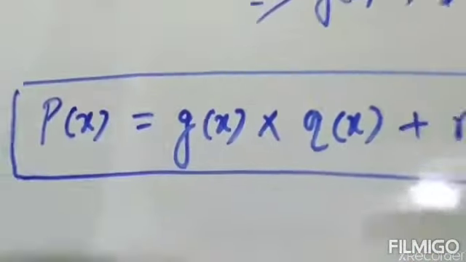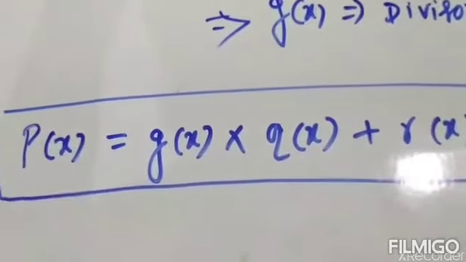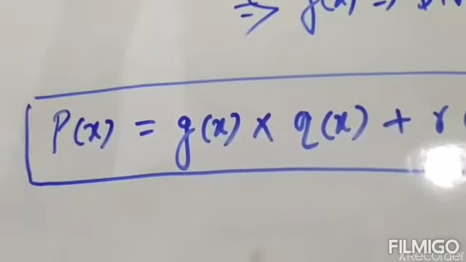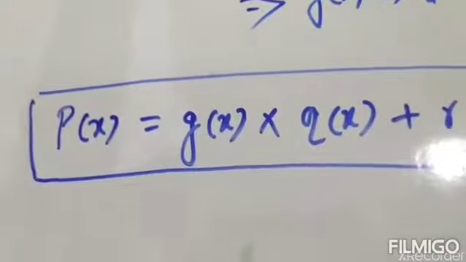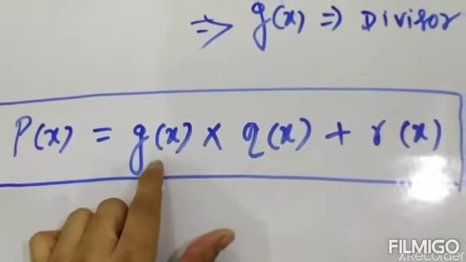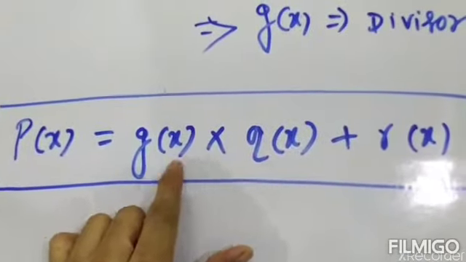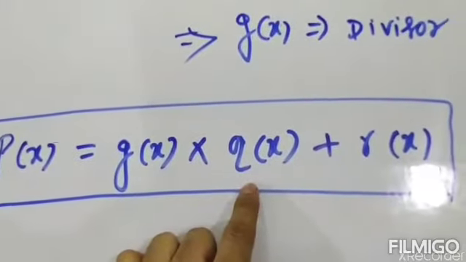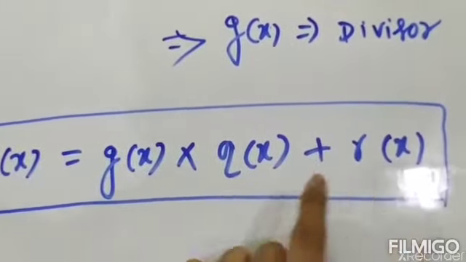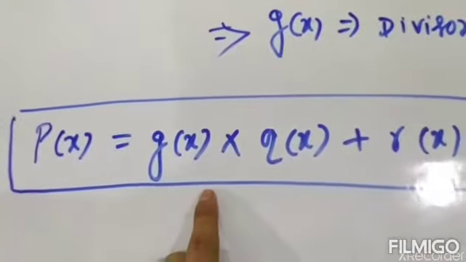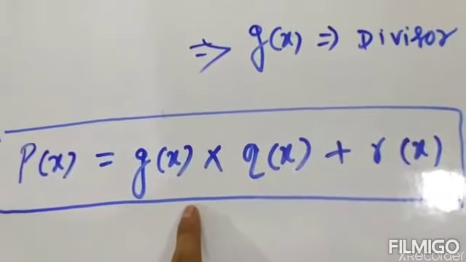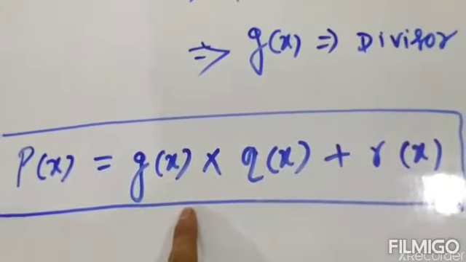So, dear students, it is very important to know how we verify. If you have g of x, the divisor, and you get the quotient and the remainder, then after this calculation we will get the dividend, and we can verify it.